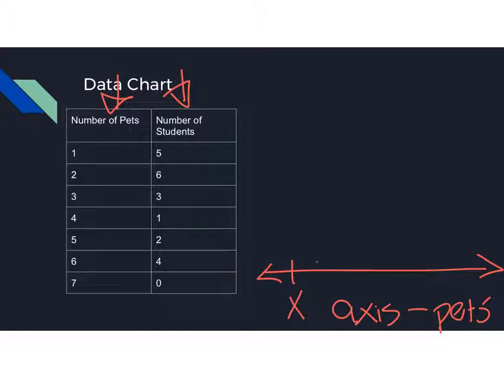Next, we're going to start by making our line plot. 1, 2, 3, 4, 5, 6, and 7.